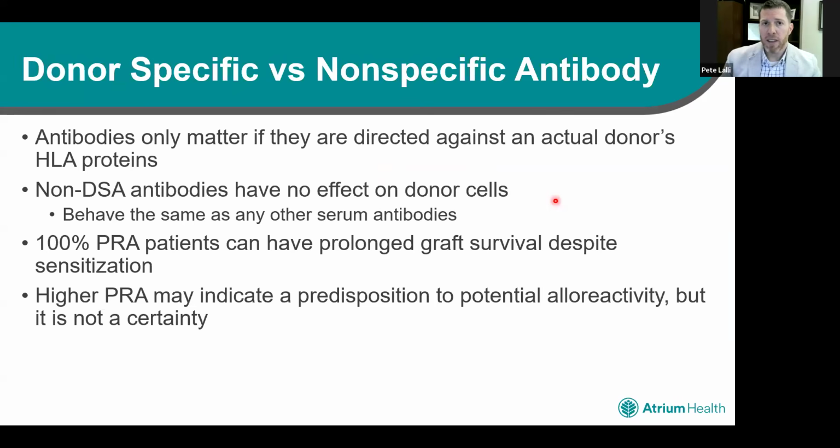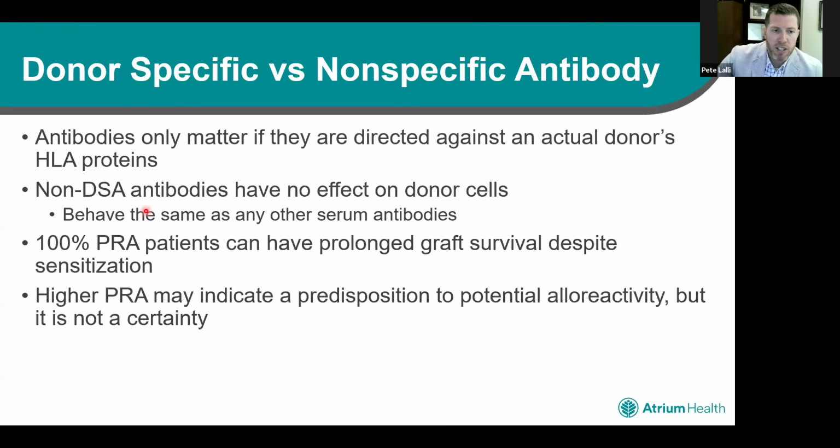Now, it's important to note that inside of our serum, we have tons and tons of different antibodies. Not only do we potentially have anti-HLA antibodies, but we have anti-flu, anti-COVID, all sorts of different things. And one of the things that's really important to note is just because you have a lot of antibody floating around doesn't necessarily mean it's going to be problematic for the recipient.